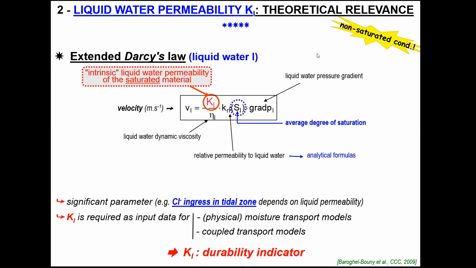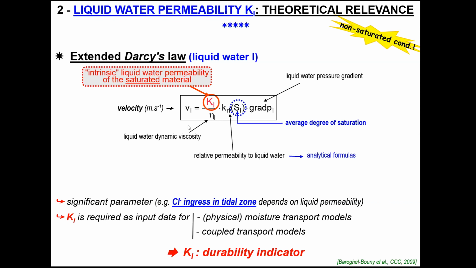The difficulty is that in most cases you have drying and wetting cycles. So you will need a parameter which is able to quantify moisture transport, and at least you will need liquid water permeability. In particular, when you have chloride ingress in the tidal zone, it is necessary to take this into account in order to predict chloride penetration correctly for every type of concrete.